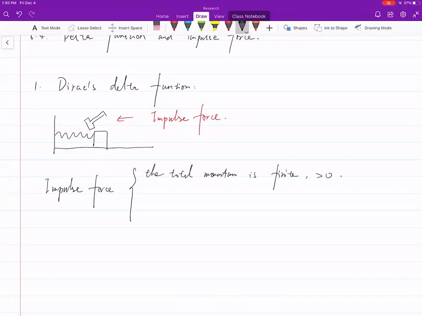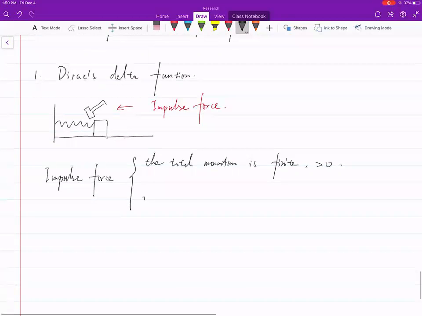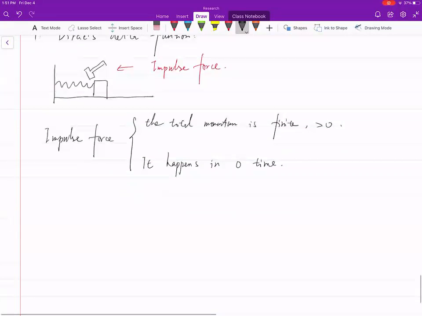It cannot be just zero momentum. Second, it should happen in zero time. Because when you hit something which is an impulse, you don't use 2 seconds to apply the force on it. You don't use 0.2 seconds. You use no time to apply this force on that.